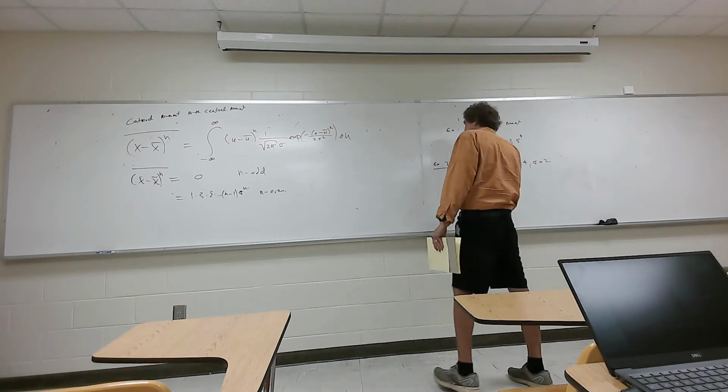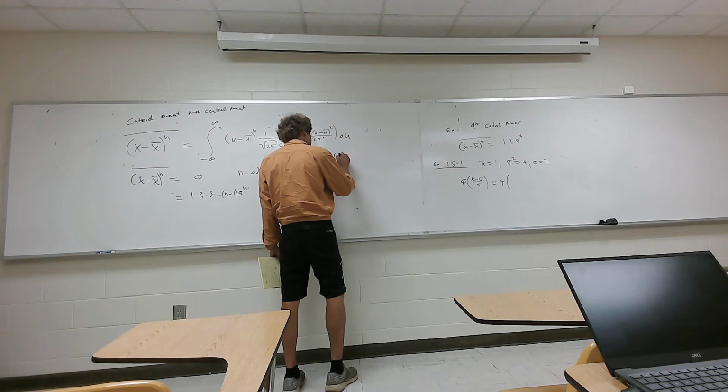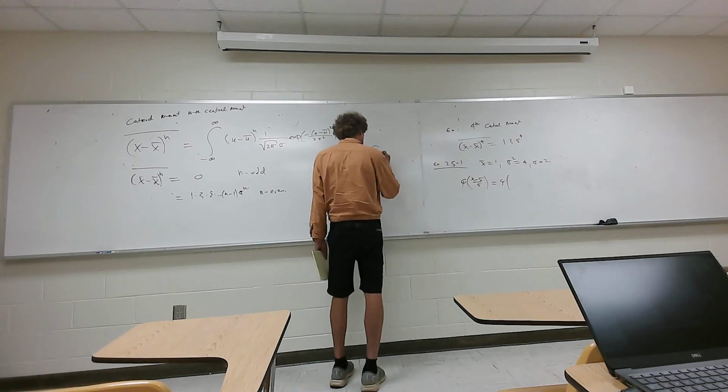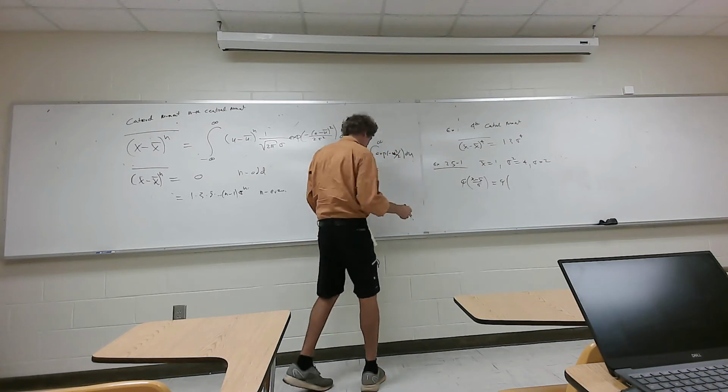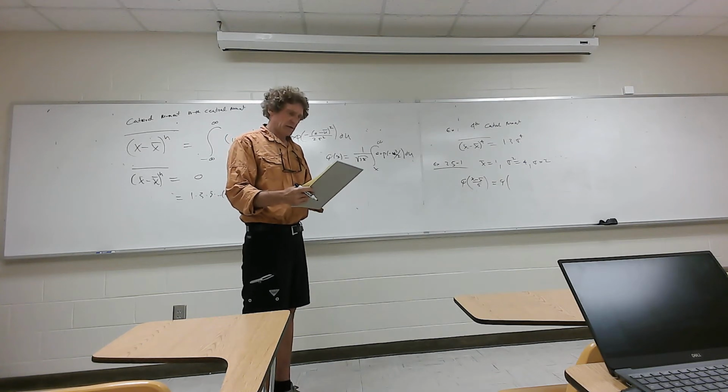And let me tell you, Q of X is equal to 1 over square root of 2 pi times the integral from X to infinity of exp of minus u squared over 2 du, right? That's the Q function definition in the book.